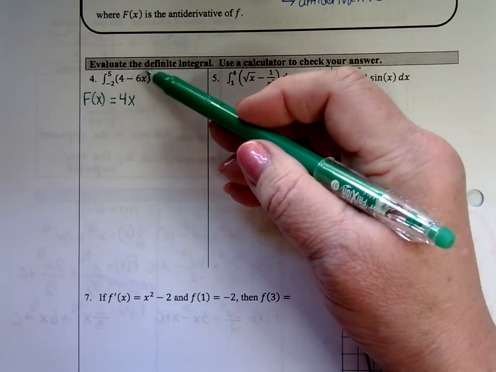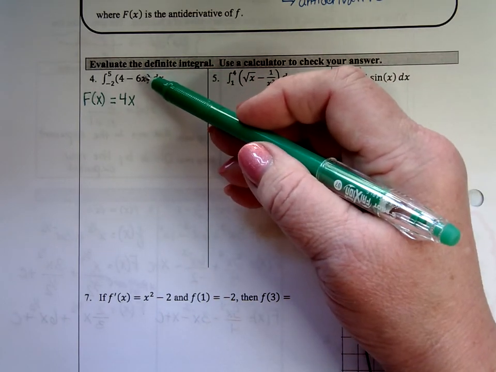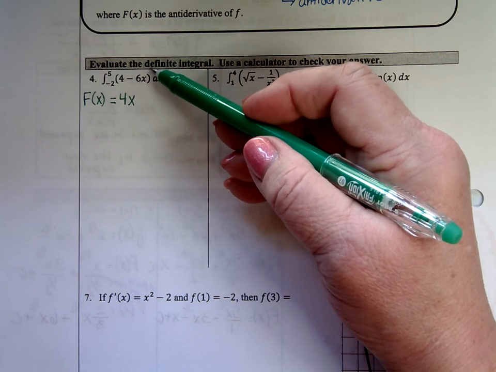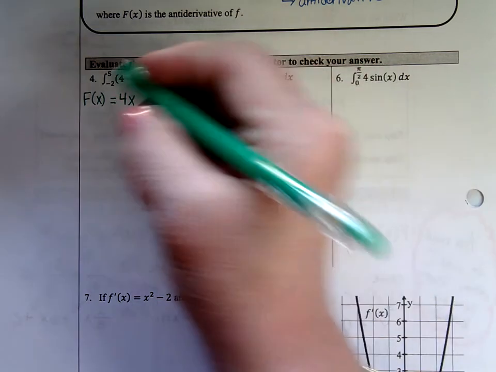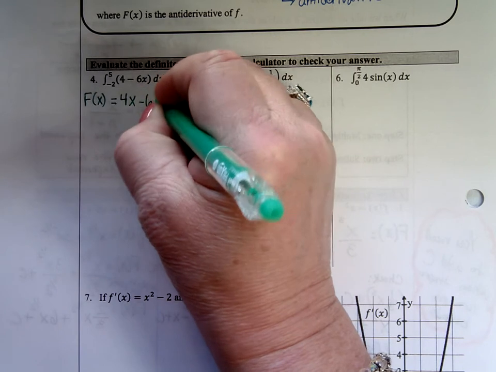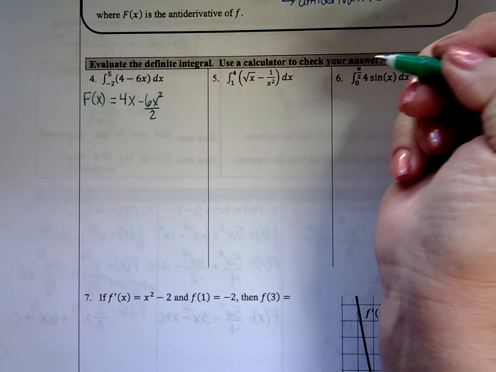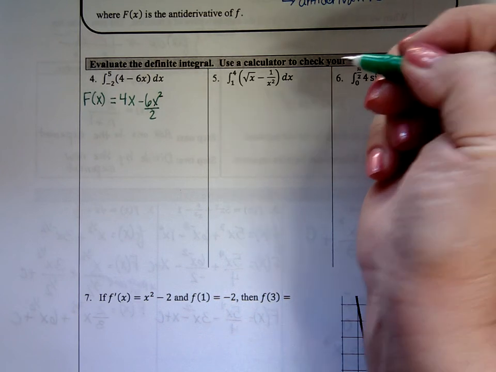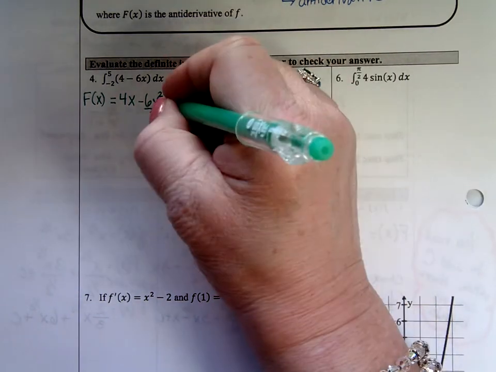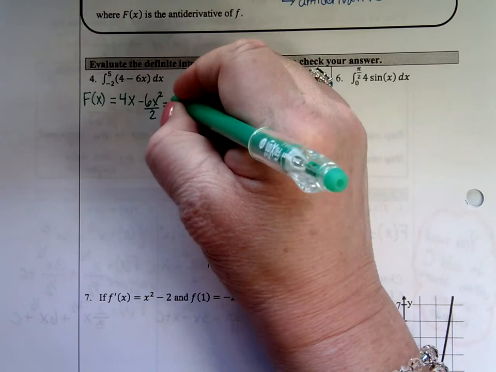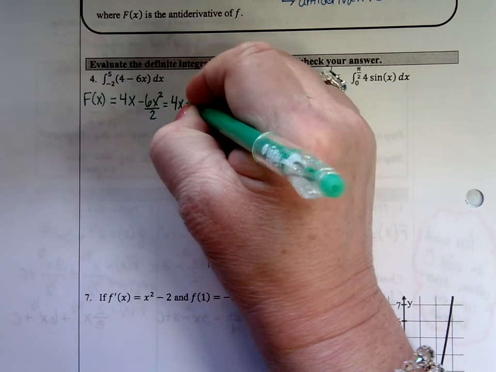Next one, 6x. So I have 6x, add a power on, that's a square. All right, so minus 6x squared, divide by the power. And so I'm actually going to be plugging numbers into this, so what I want to do is make it as simplified as I can. This guy's a 4x minus a 3x squared.